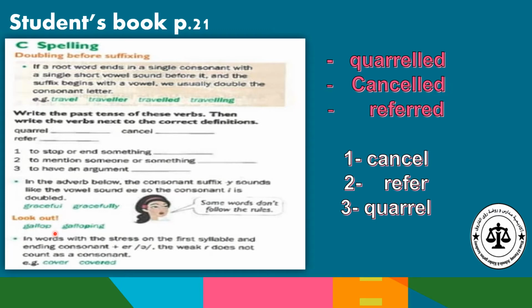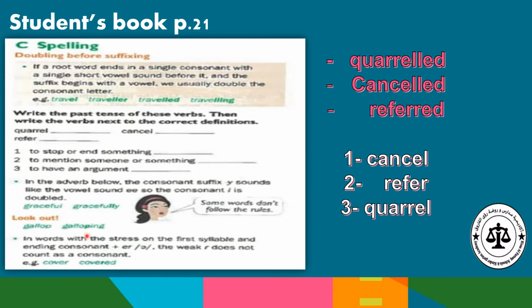Now we have some exceptions to this rule. We have some words that don't follow the rules, like the word gallop. It ends with the consonant letter P, and before P we have a vowel sound, but we don't double the consonant.